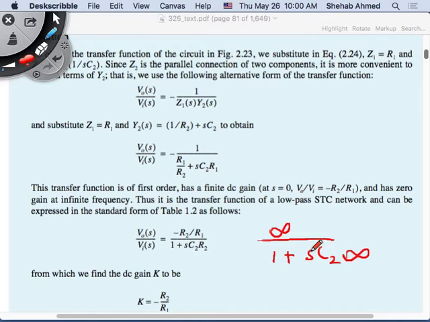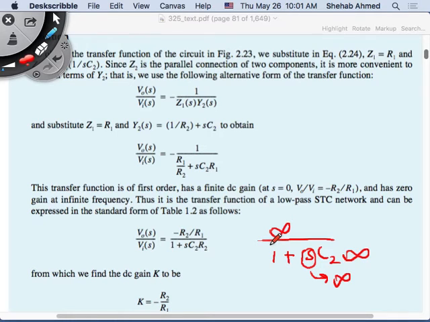Yes, the terms would go away at AC, right? At AC, for high frequencies, this is even larger because I'm multiplying something large by something large. So at high frequencies, if S goes to infinity and R2 goes to infinity, then infinity over something much larger than that is 0.